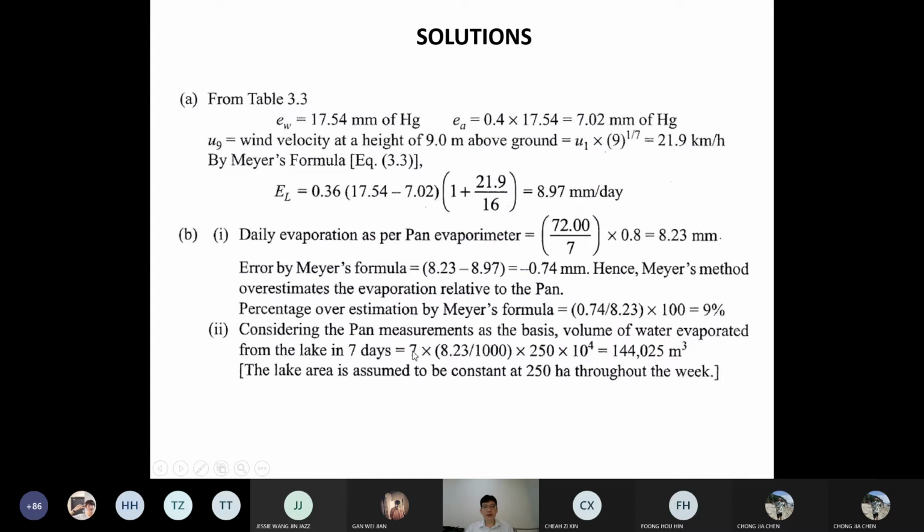So it's just times 7 times 8.23 and times the area. You want to turn this to meters, so you divide it by 1000 for 7 days, times the area, then you get the cubic meters. That's the amount of water we lose from the reservoir in 1 week for the 250 hectare reservoir.